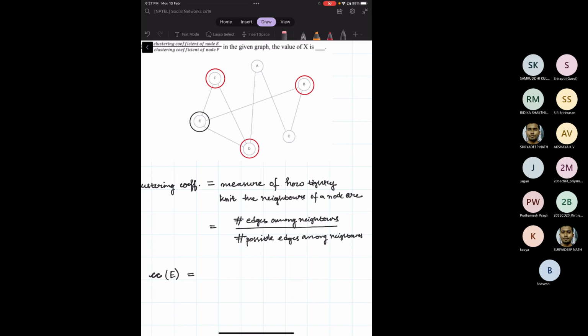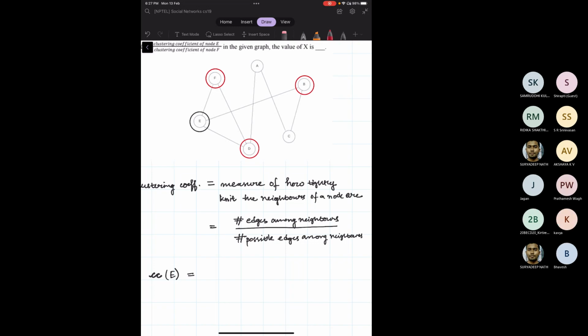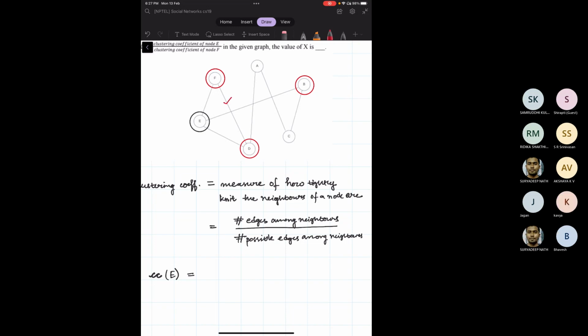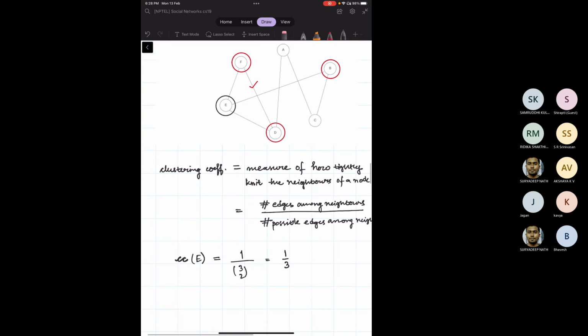The total number of edges between them is basically 1. So only F and D are connected. There is no connection between F and B, and B and D. So the clustering coefficient is the total number of edges among neighbors, that is 1, over the possible number of edges among the neighbors. They have 3 nodes, so it's basically 3C2, which is 3. So 1 over 3.